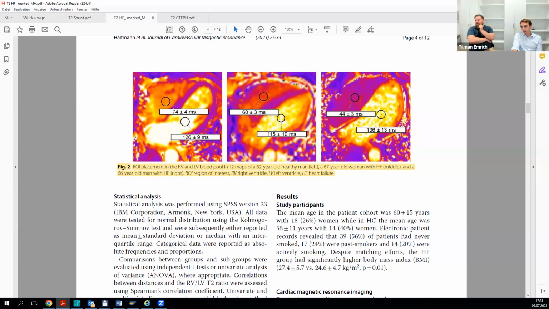And obviously that also still holds true if you look at the T2 relaxation times that we've gathered from the regions of interest in both the ventricles. And that also explains how that was measured. We took pretty basic 4-chamber view T2 maps and put ROIs in the right and left blood pool, and that's it. So there's no really big post-processing going on or anything.